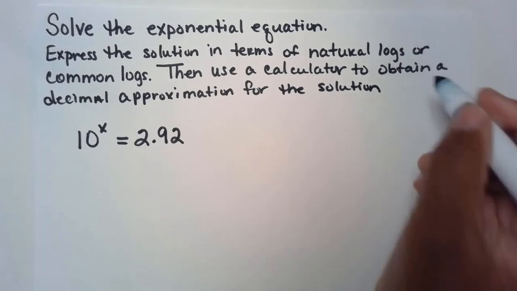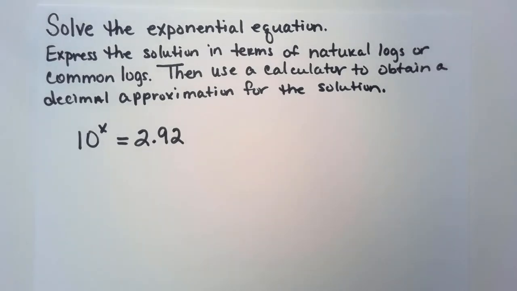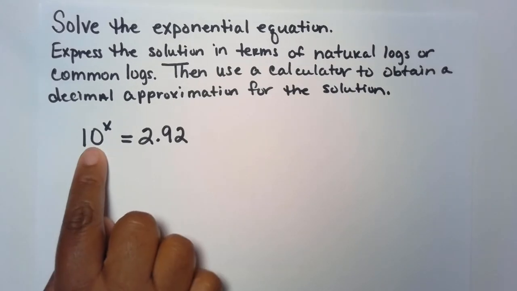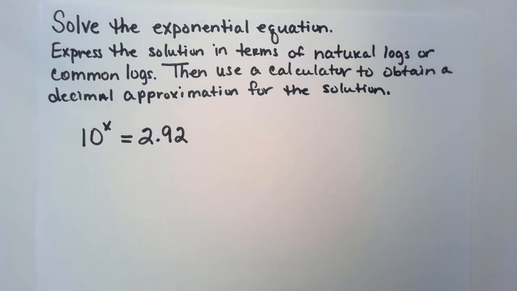Okay, so remember in the previous video, I stated that whenever you have a base 10, such as this example, 10 to the x power, our base is 10, then we're going to use common logs, log.